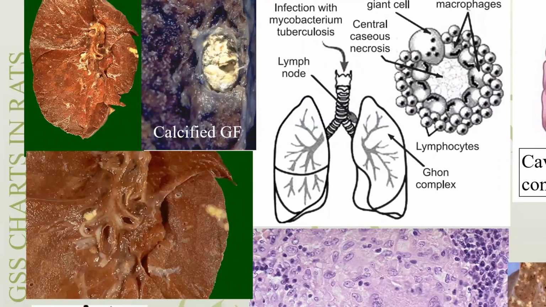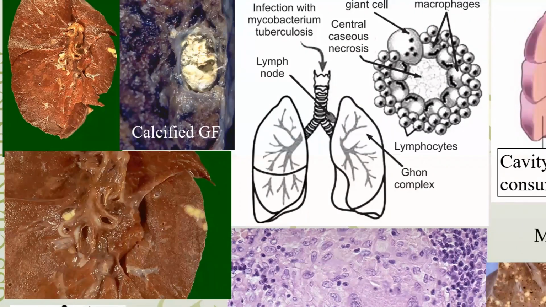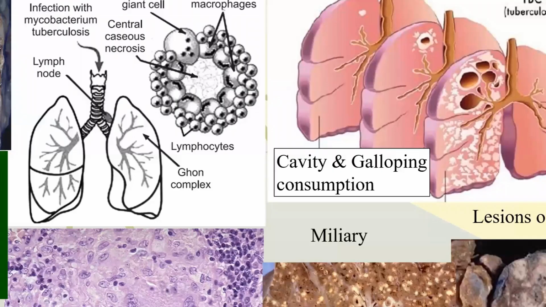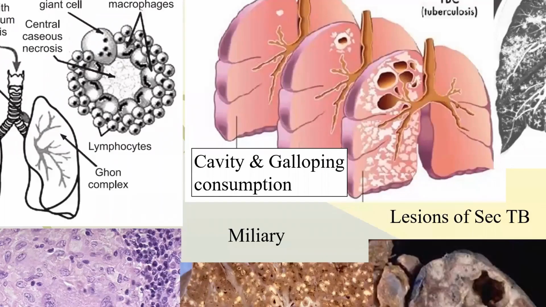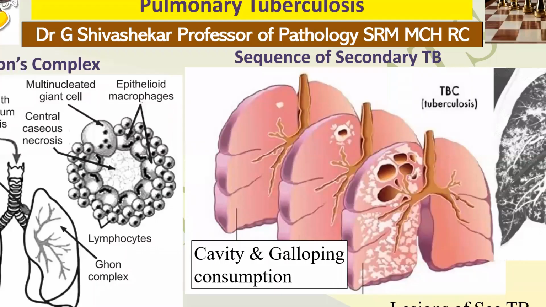Having seen the primary tuberculosis, we should know what is secondary tuberculosis. This is a good picture of it, the sequence of events in a secondary tuberculosis. The secondary tuberculosis usually affects the apex of the lung because of the increased oxygen tension.